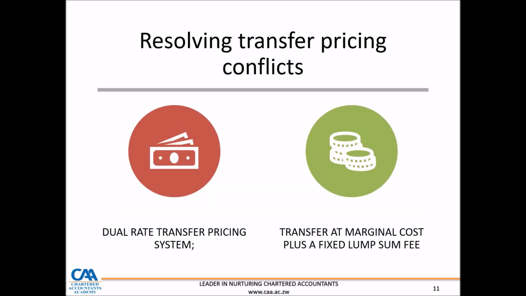So what are some of the conflicts that may arise in transfer pricing, and how do we resolve them? The transferring division may want a certain price, but the receiving division may not want that price. In some systems, they make use of dual rate transfer pricing, whereby you have two prices: one used to evaluate the performance of the transferring division, and another used to evaluate the performance of the receiving division.